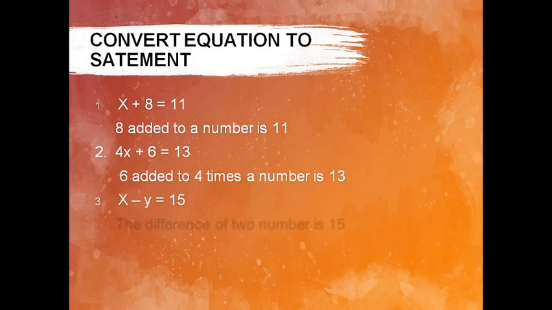The statement can be written as: the difference between two numbers is 15, or if one number is subtracted from another number the result is 15. That can also be written as a statement. You can write it in another form also. It is not required to write exactly how I told, but the statement should be suitable for the equation.